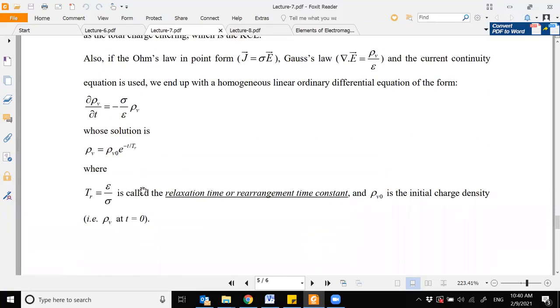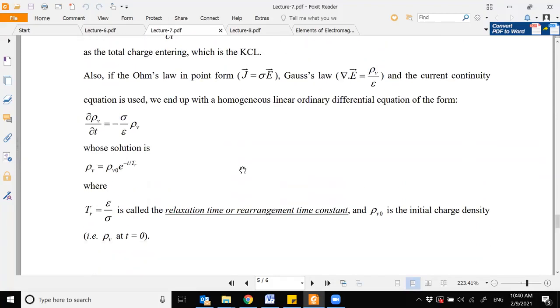So what this expression is saying is that on a conductor, which is already conducting, when the conductor is not in equilibrium, you are giving it extra charges.